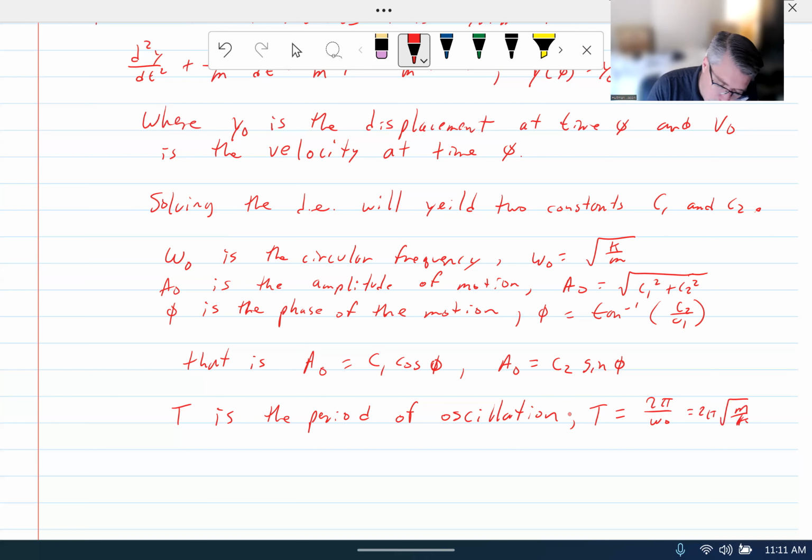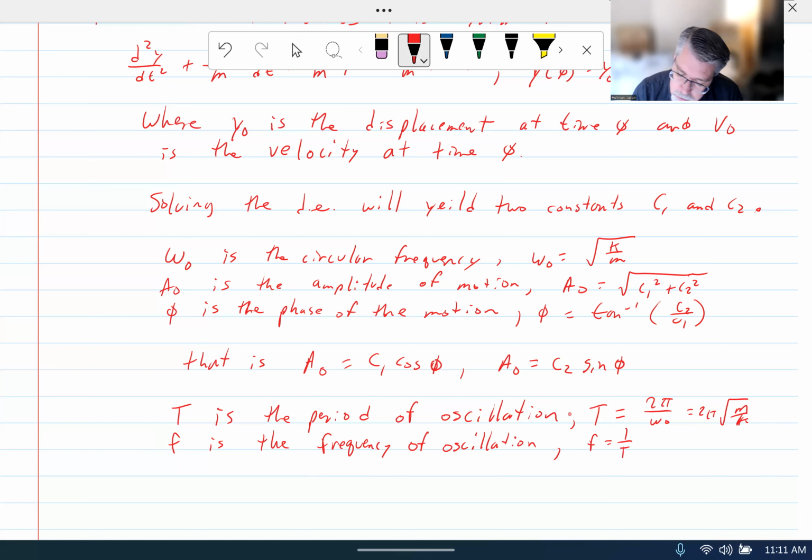And little f is the frequency of oscillation, and that is f equals the reciprocal of this, 1 over T, which is just omega naught over 2 pi, or 1 over 2 pi times the square root of k over m.